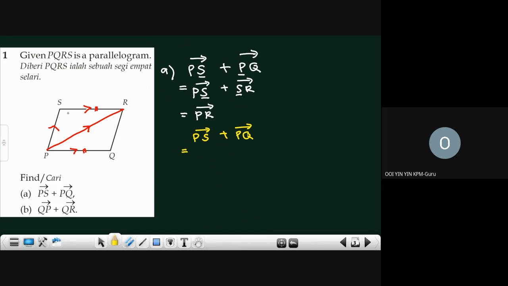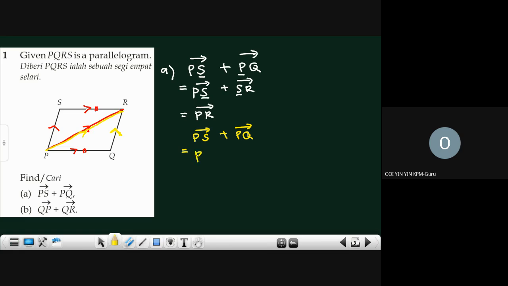Yes, there's one more. Your PQ remains, and then instead of your PS, we use QR here. So they will also give you the resultant vector PR.